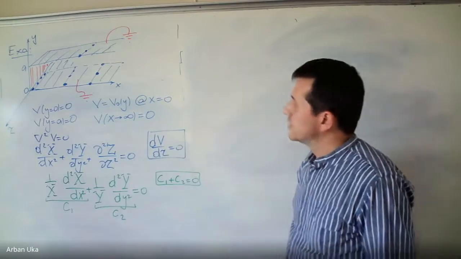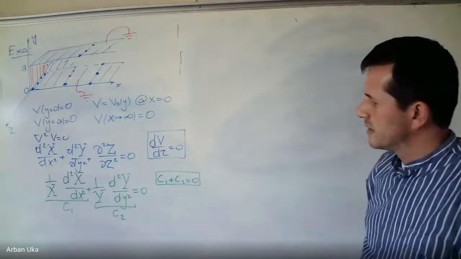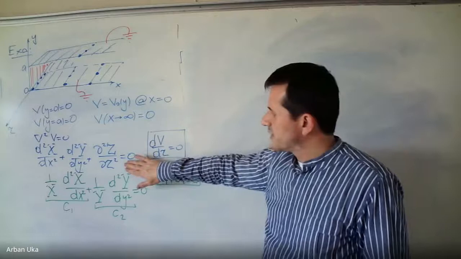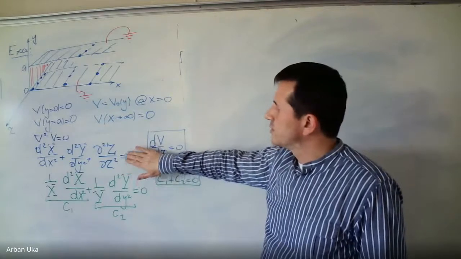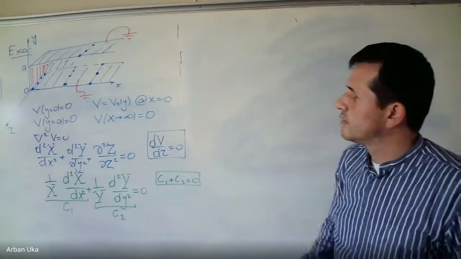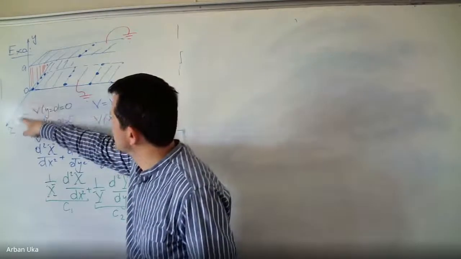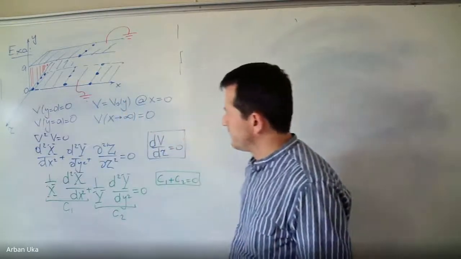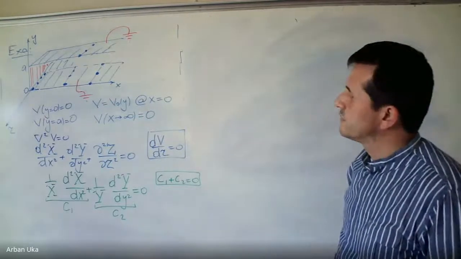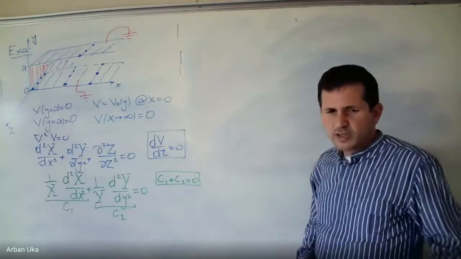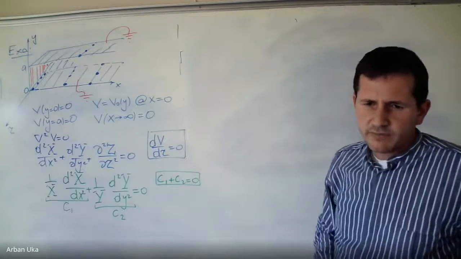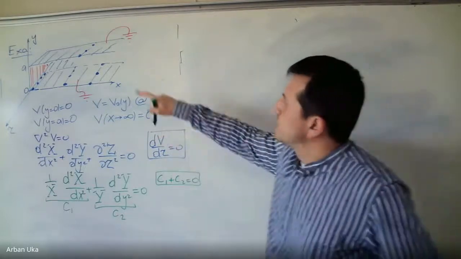But the big question is the following. So Z is not part of the problem. The potential is independent of the parameter Z, because as we said, if we move across this line, we observe no difference. Then what we can say is the following. What would you expect for the potential to change along the value of y?